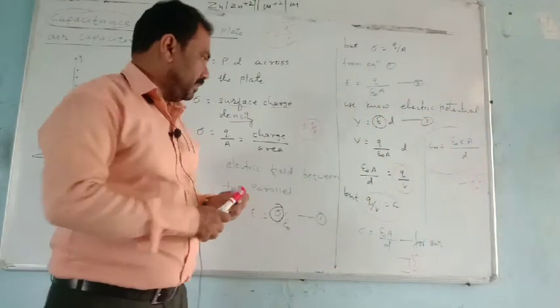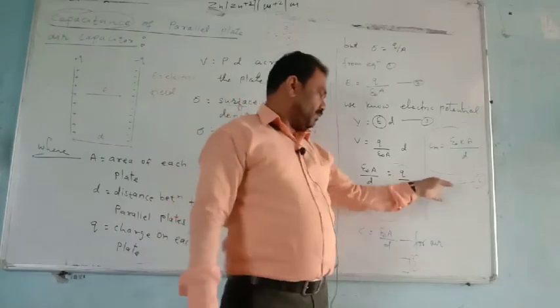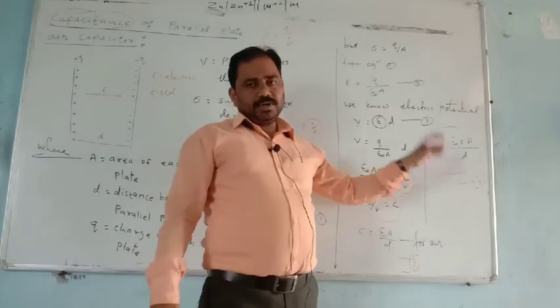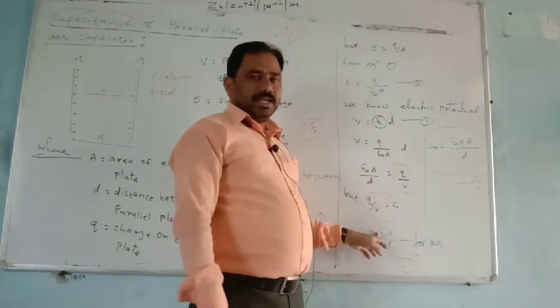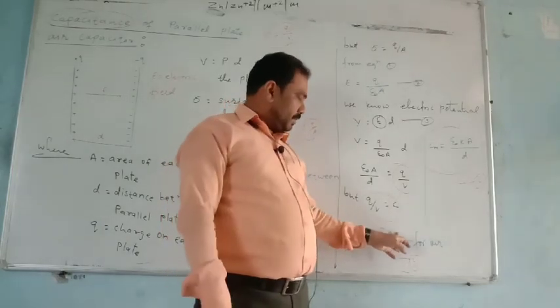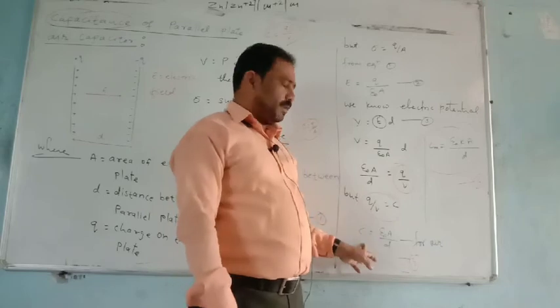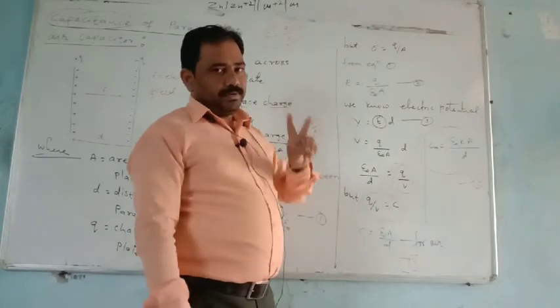What is the difference between equation 3 and equation 4? Both represent the capacitance, but in air medium you should write epsilon naught into A upon D. This is the capacitance in between two parallel plates.